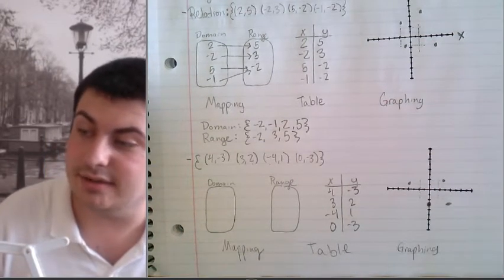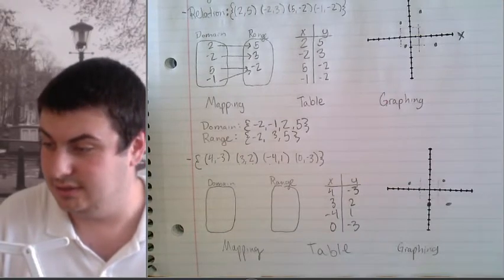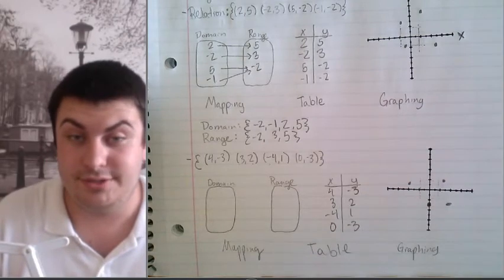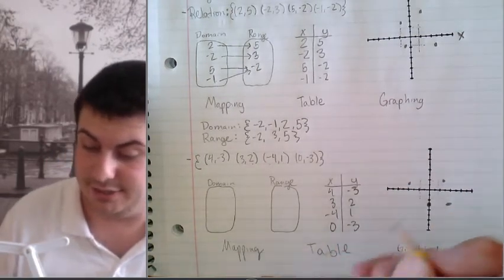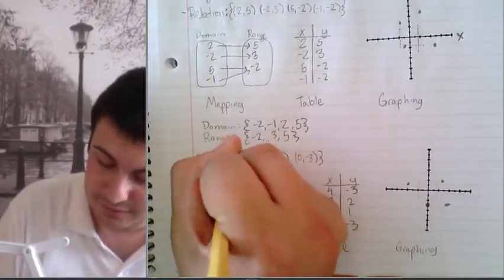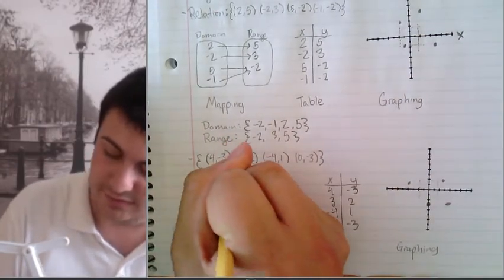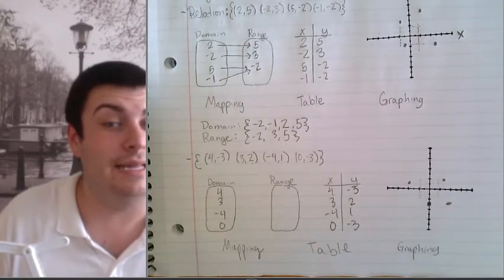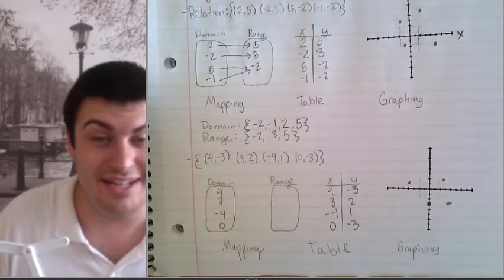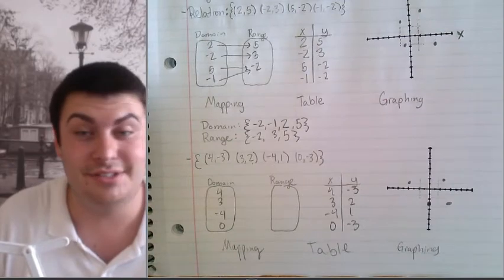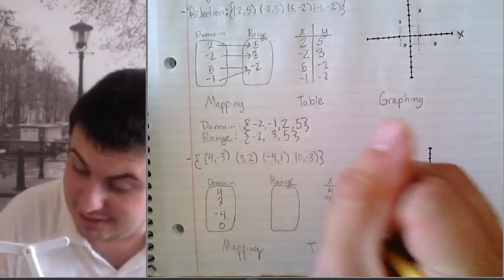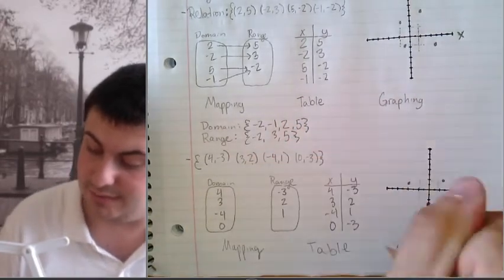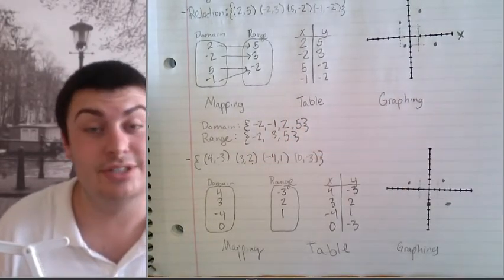All right, so let us now look at our map. So we put in our domain. So 4, 3, negative 4, and 0. We put in our range, not repeating any values. Again, the domain didn't repeat any values. The range, we're not going to repeat any values. So we have negative 3, 2, and 1. And we already have negative 3. And now we're going to draw the line to where it connects.